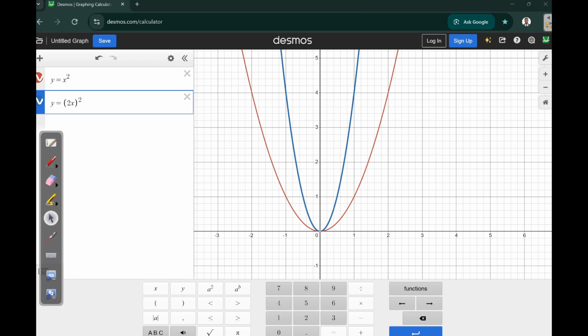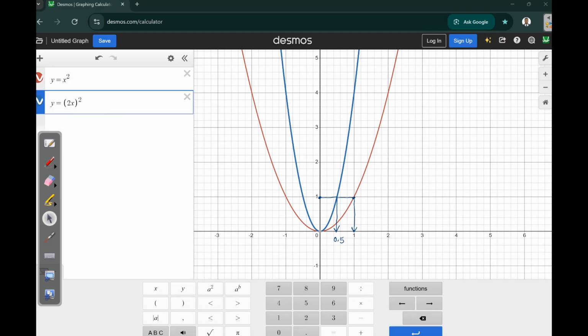So implying that for the same y coordinate here, which is a 1, the x coordinate here is 0.5 for the new one, and yet the x coordinate for the original one is what? 1. So that means the x coordinates were multiplied by a half.